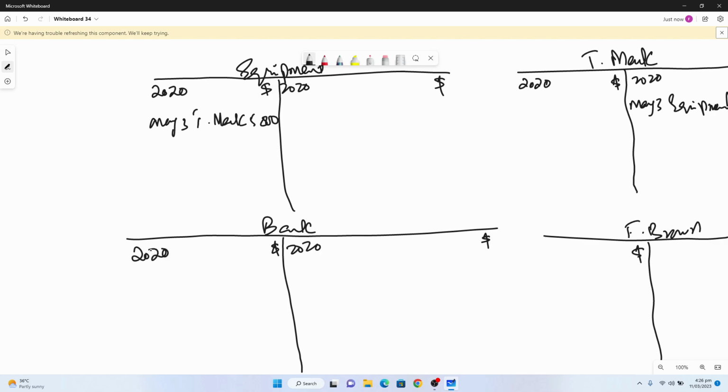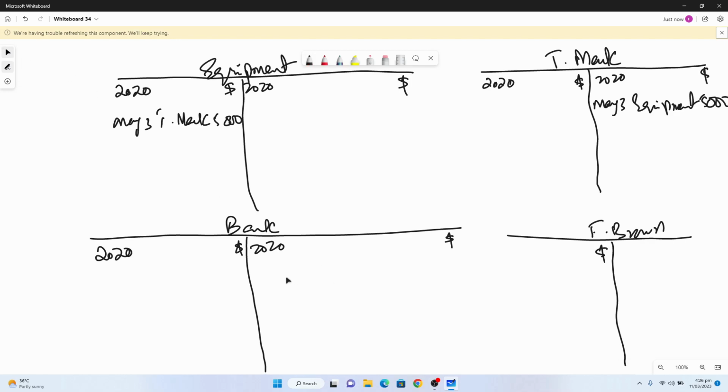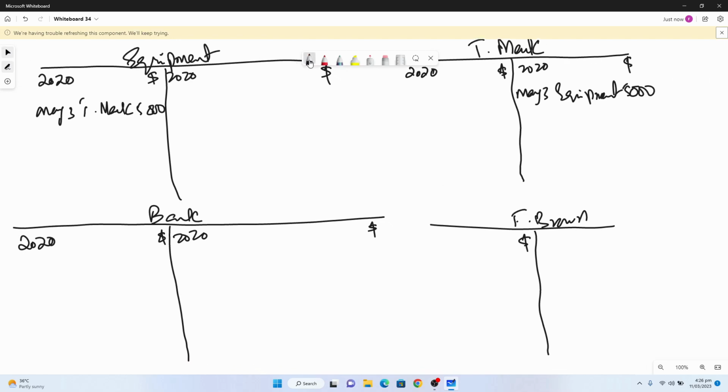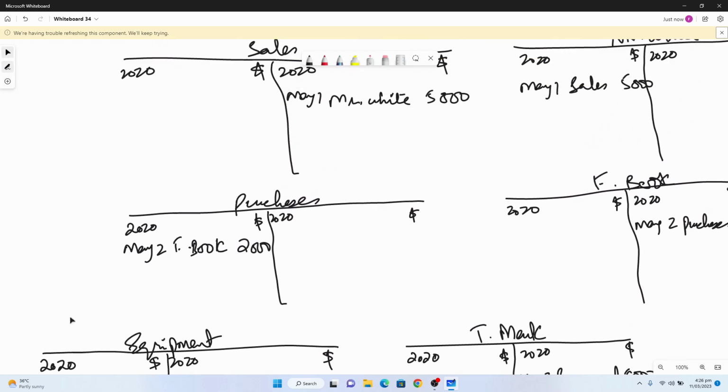formatting of the question is very important. The T account should be done in a proper manner before you could proceed with the questions. Okay, 2020 and 2020. So what you will do, you are getting something in the debit side, so write it down on 4th May. I'll just confirm this, the date.